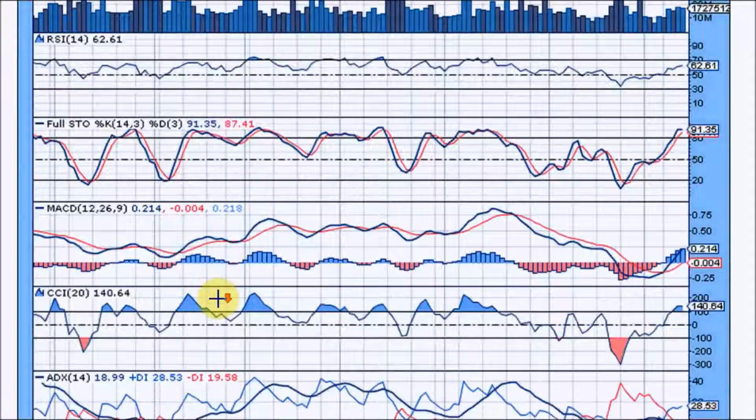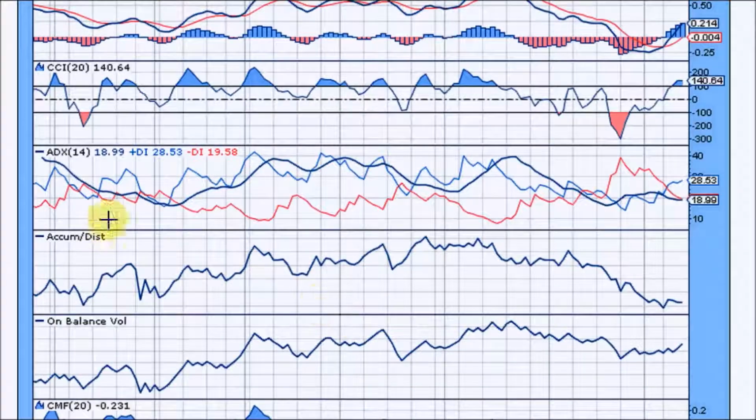Next, I have what we just learned in stock chart setup number 1 with the RSI, full stochastics, the MACD, and I add the CCI. These are my strength indicators. They give all of my buy and sell signals. Tell me if a stock is strong or weak.